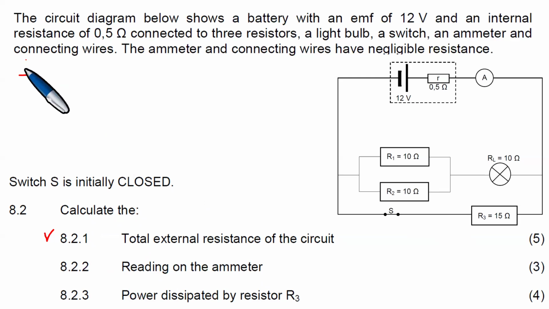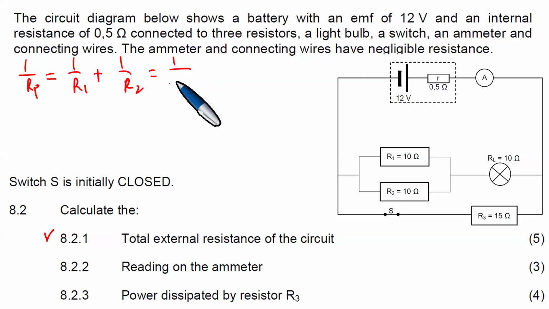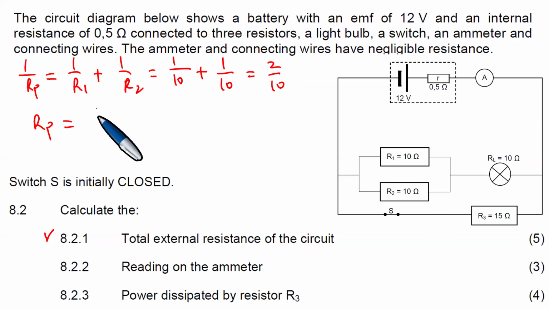So 1 over R parallel is 1 over R1 plus 1 over R2. For the parallel ones, 1 over 10, 1 over 10. This is 2 out of 10. Okay, 2 out of 10 is 1 out of 5. Then for R parallel, you take the reciprocal, which is 5 ohms.